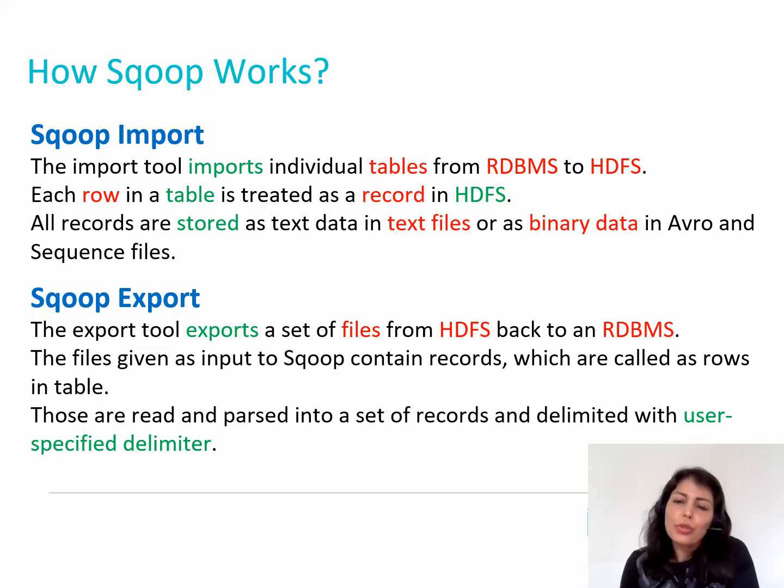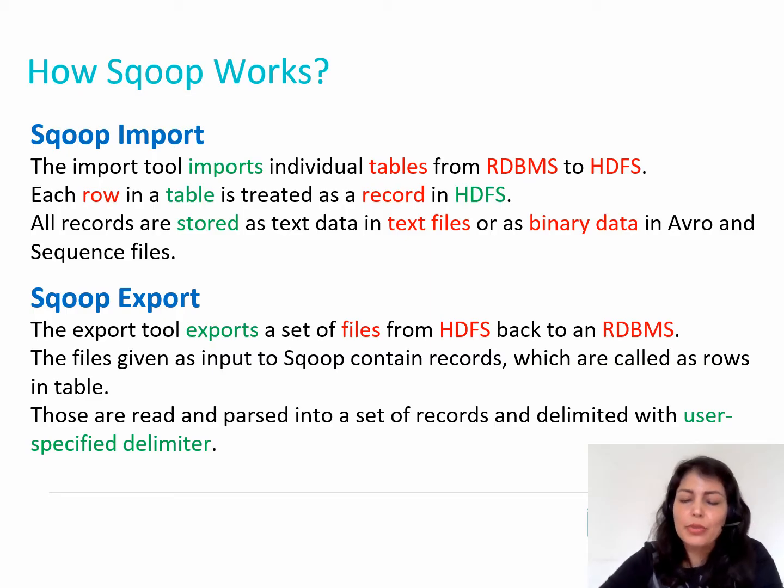If you want to convert this record to a row in the table, it's really important to have user specified delimiters like comma, semicolon, just to make this export. So we will explain the syntax in the next slide, and of course you can understand this much better.